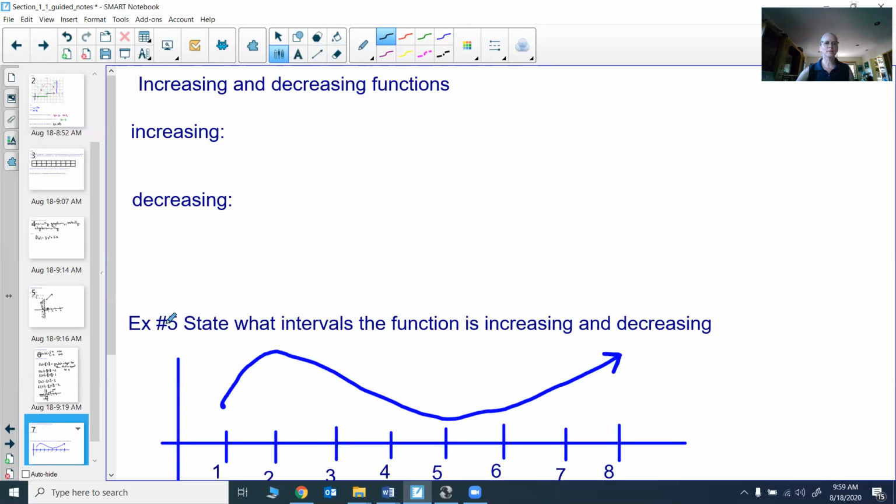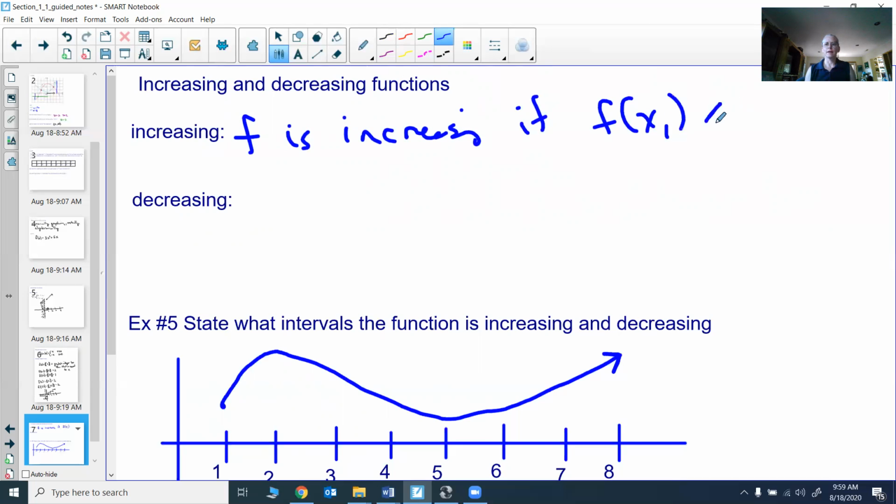One last concept I just want to mention is increasing and decreasing functions. A function f is increasing if f of x1 is less than f of x2 for x1 less than x2.